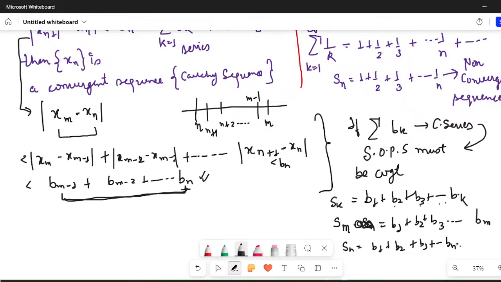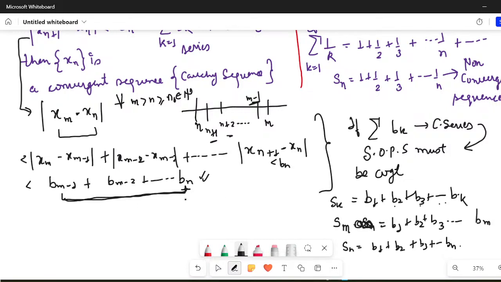We are evaluating this for all m greater than n, greater than or equal to some n naught belonging to the naturals. This is absolutely fine, I don't think there is an issue till now. This would be n plus 1, this would be n plus 2, and this would be m minus 1. And if I want to write xm minus xn, I'll write xm minus xm minus 1 plus xm minus 1 minus xm minus 2 plus dash dash dash plus xn plus 1 minus xn. Till now I think everything is clear.